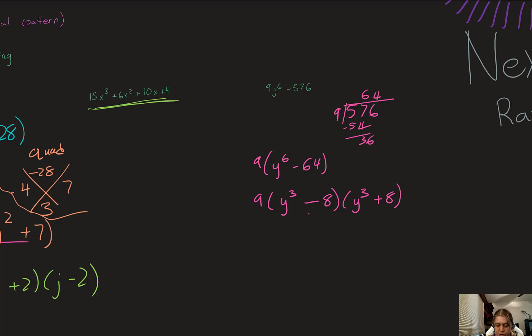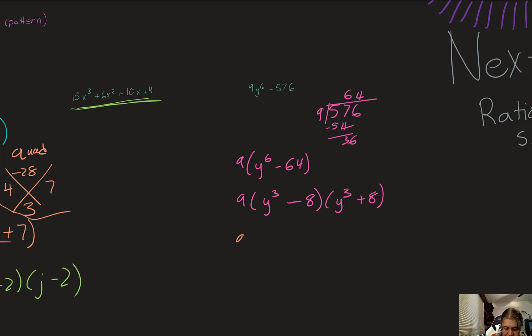It's a difference of cubes and a sum of cubes. We're going to have to follow both patterns. Thankfully, everything's all the same. So we've got 9. The pattern is subtract them, and then add, and then the last guy's always plus 2 squared, because this is 2 cubed.